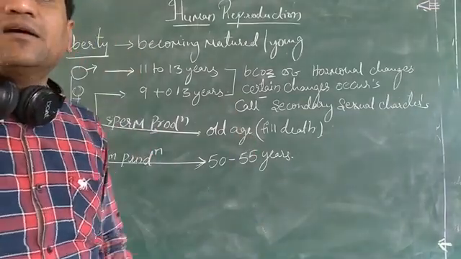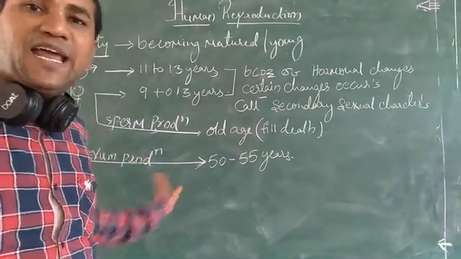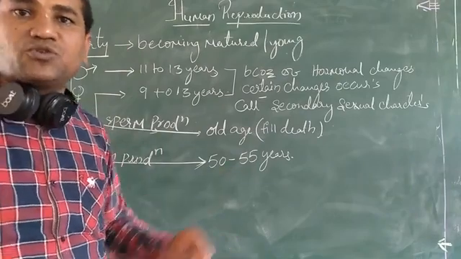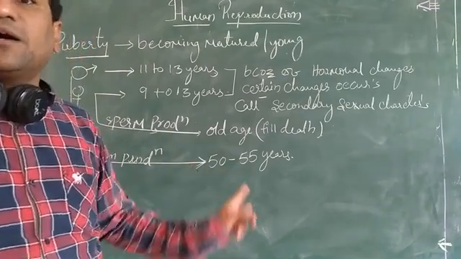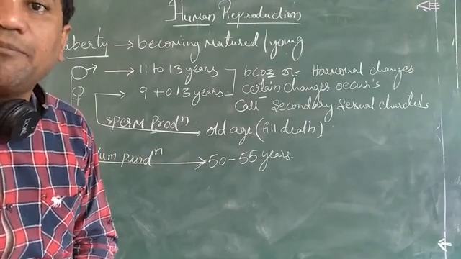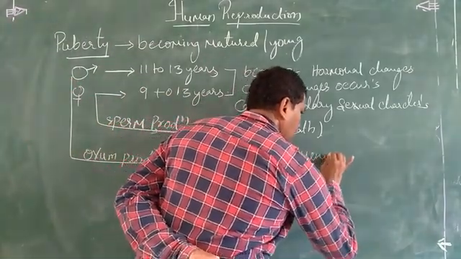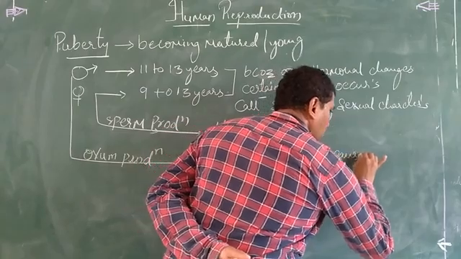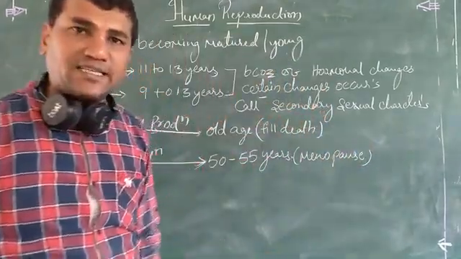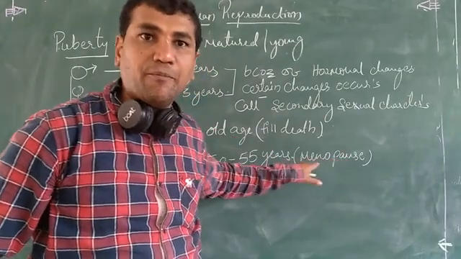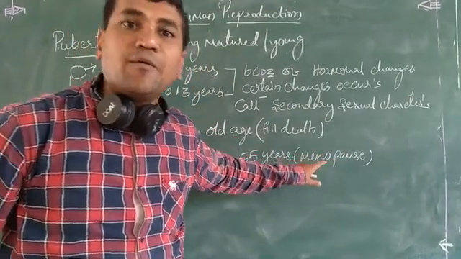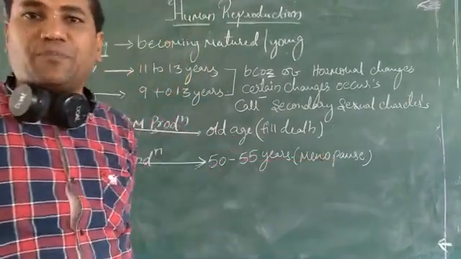and once there is a complete stoppage of the menstrual cycle, the person has undergone menopause. Menopause means menstrual cycle stoppage.